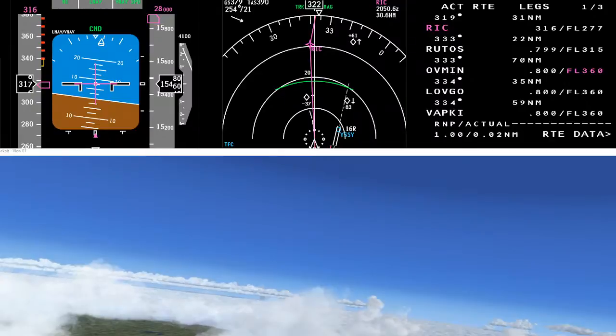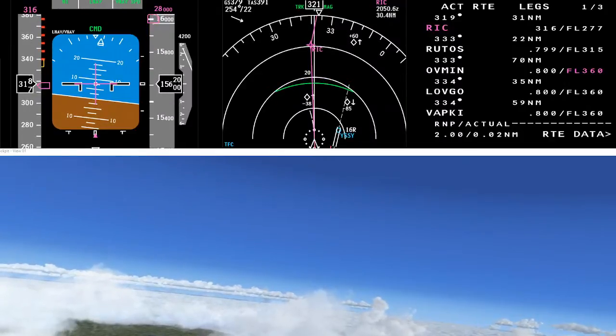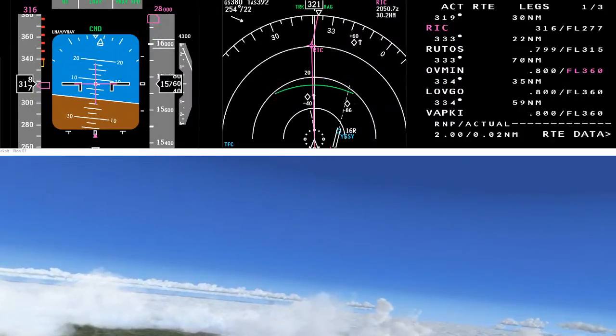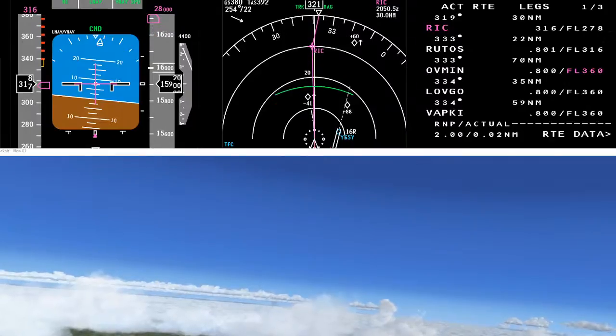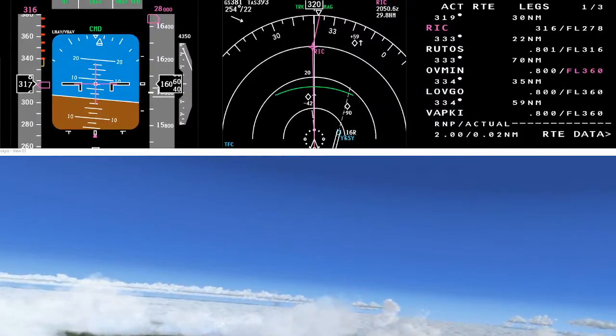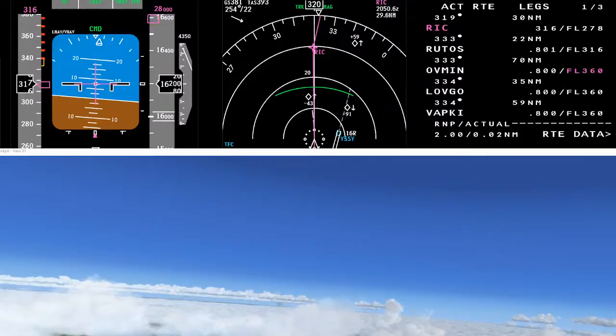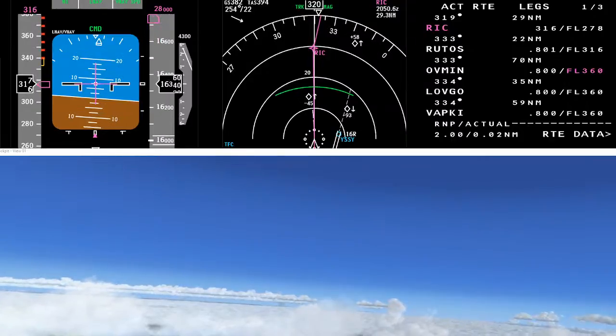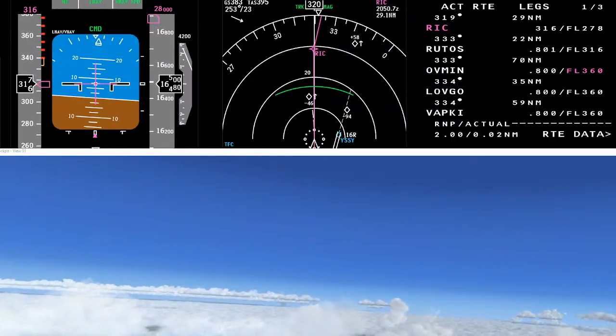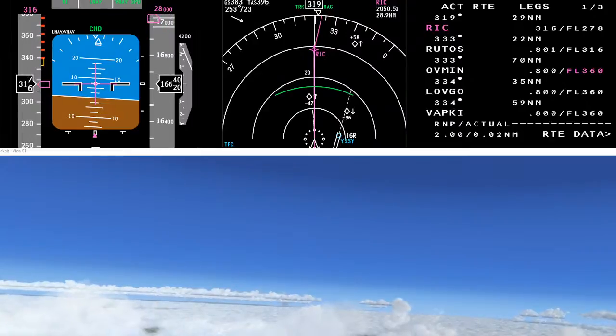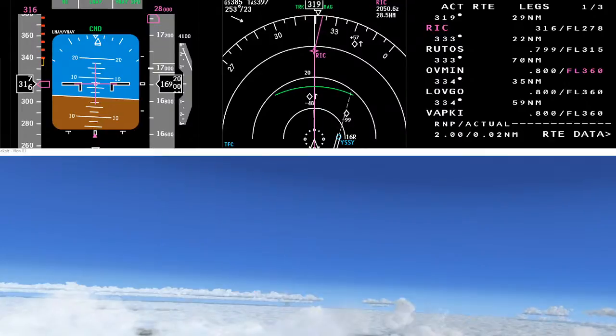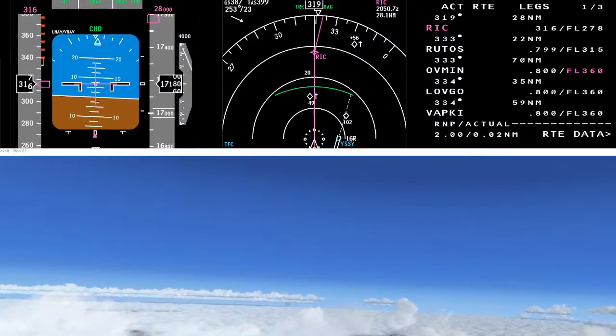No, you probably got that set at 18. Shouldn't be. 10,000. New Zealand 357, contact Brisbane Centre, 133.0. We'll see if it does it at 18. 133.0, New Zealand 357, have a good one. That's tricky.